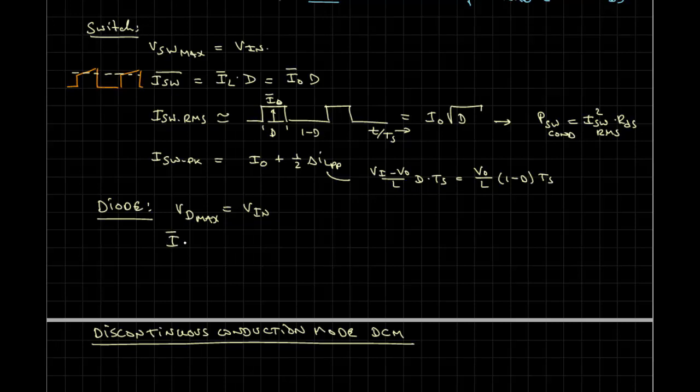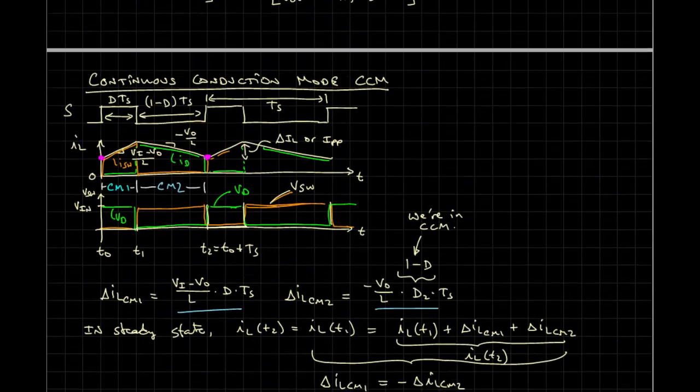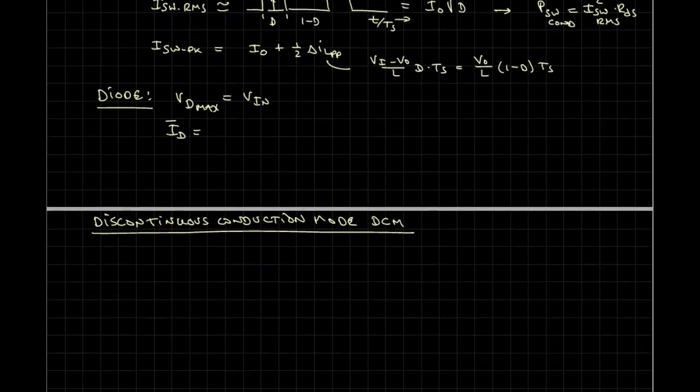And here the average diode current, if we note that the diode current is this green here, it will have an average current, because it looks like this. And this here is I_O. And this period is 1 minus D, and this is D. We're plotting t over T_S here.